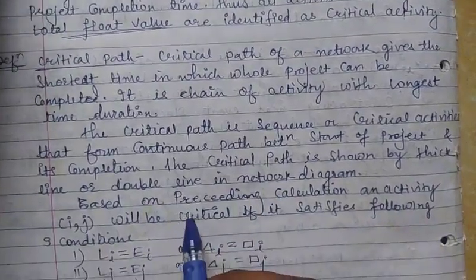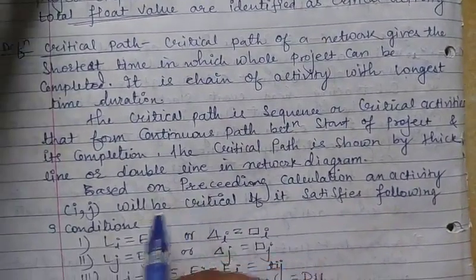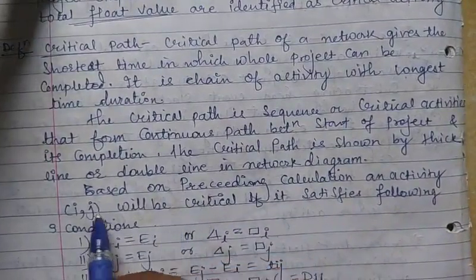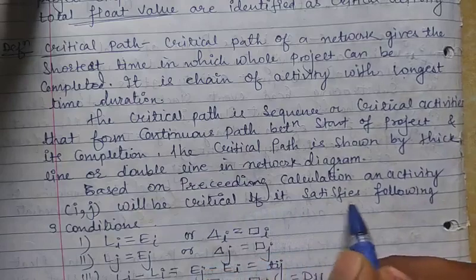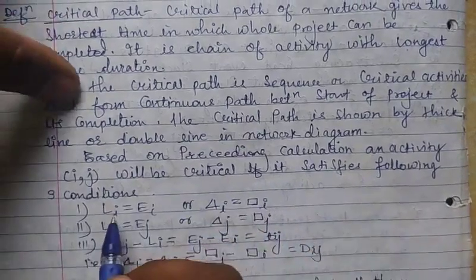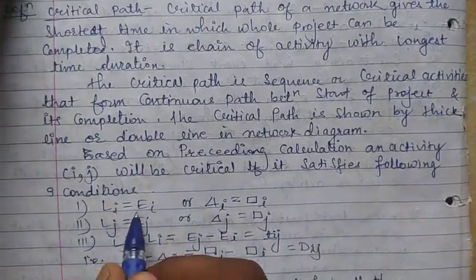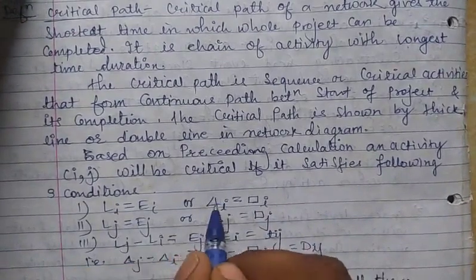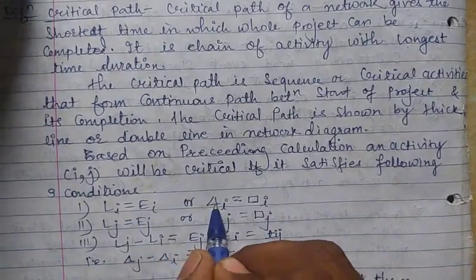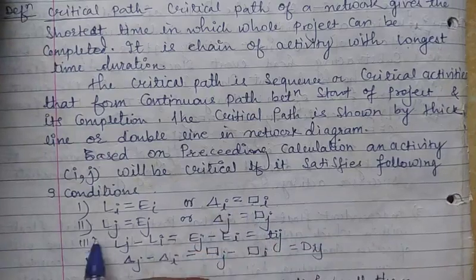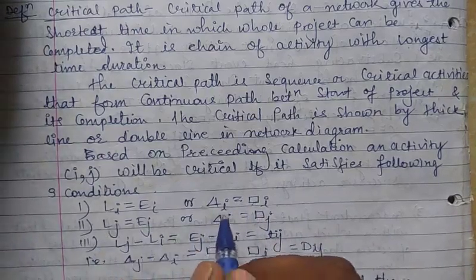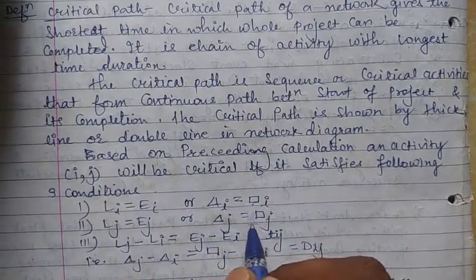Based on preceding calculations, an activity ij will be critical if it satisfies the following conditions. First condition is Li is equal to Ei, that is delta i is equal to square i. Next, Lj is equal to Ej, that is delta j is equal to square j.